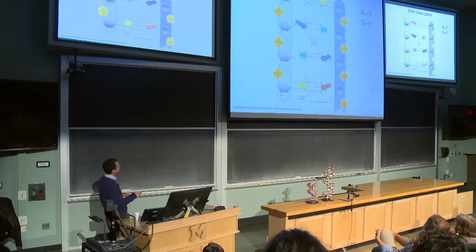The bonds that form in the backbone of the DNA are very stable. That's a covalent bond, and it's not easy to break. The bonds that form between the bases are not as strong, and those are called hydrogen bonds. But when you have thousands and thousands of those bonds, they can become stable as the DNA is annealed.